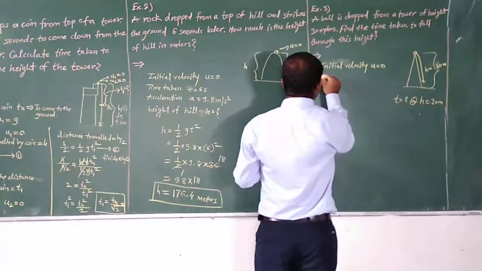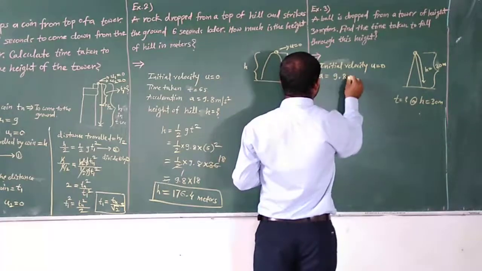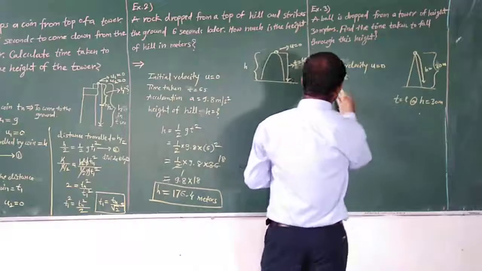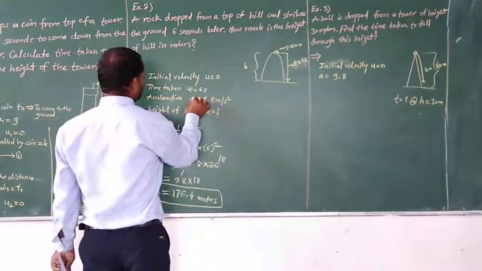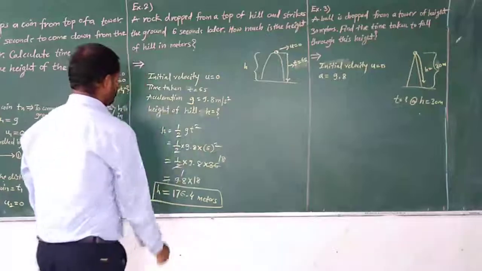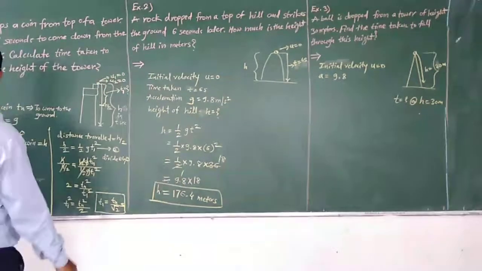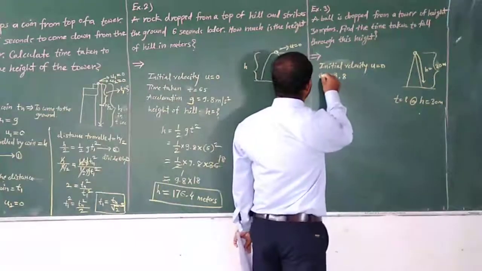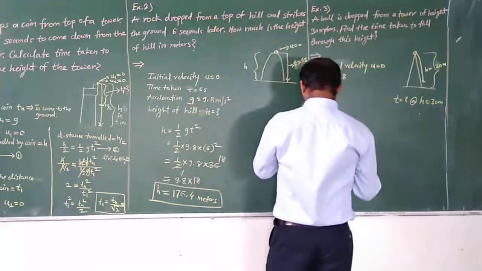Then we know acceleration is 9.8. Here I have written a, so write g here because we have used g. So g is 9.8 meter per second square.